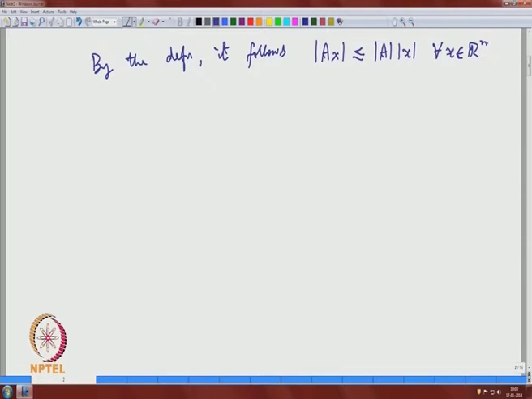Okay. We also saw that norm A is less than or equal to this Frobenius norm.